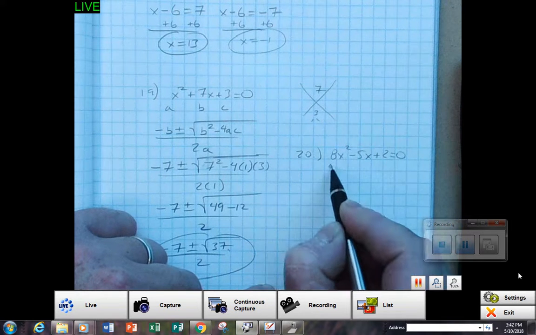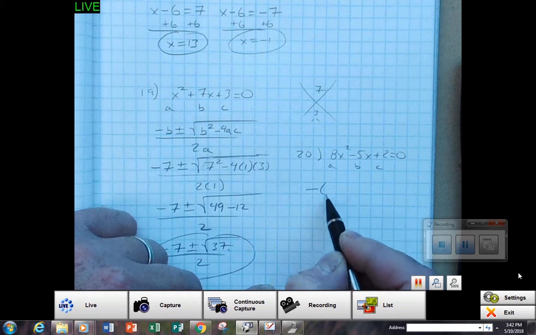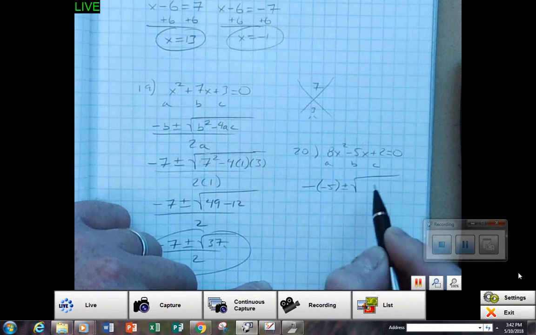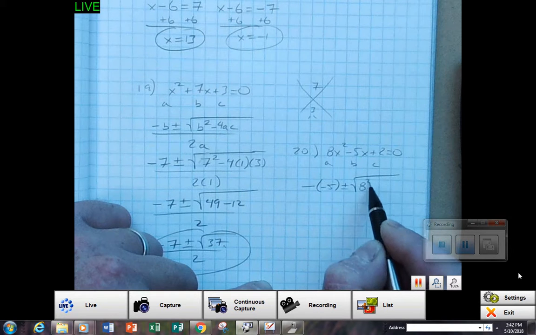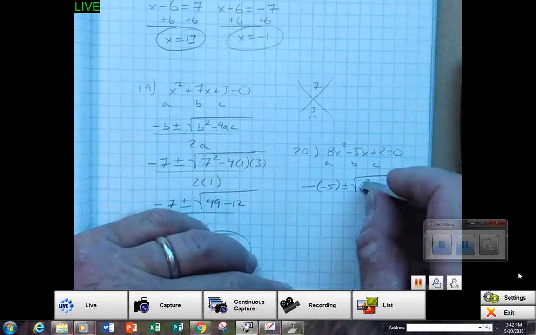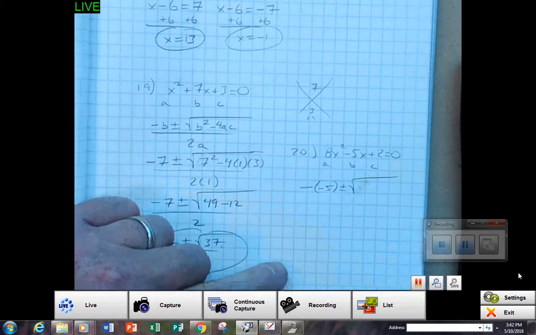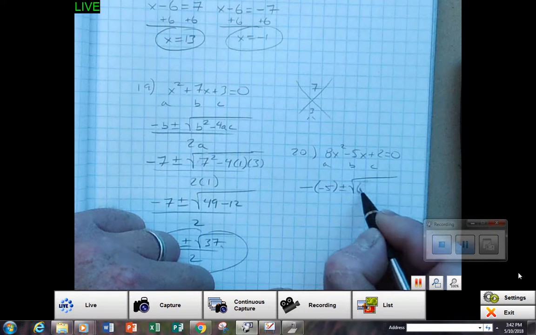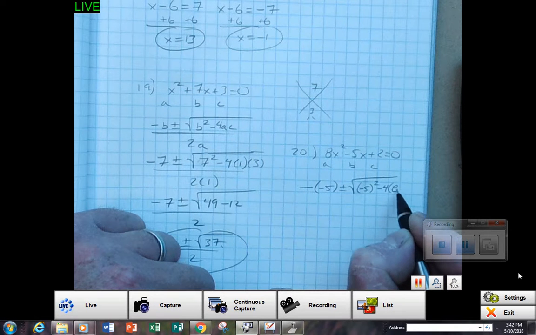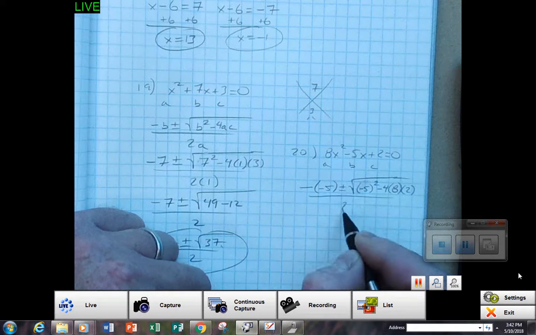When I plug in a, b, and c into this one, I get negative 5 plus or minus the square root of negative 5 squared, minus 4 times 8 times 2, all over 2 times 8.